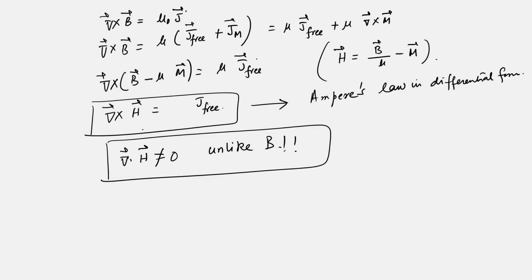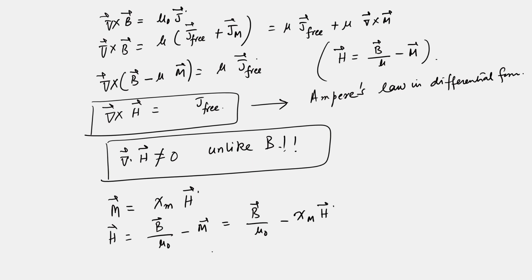So, for most magnetic materials except very good ferromagnets, we have these linear relations that hold, which we have written earlier: M is chi m into H, or H is equal to B over mu 0 minus M, or this is equal to B over mu 0 minus chi m H.